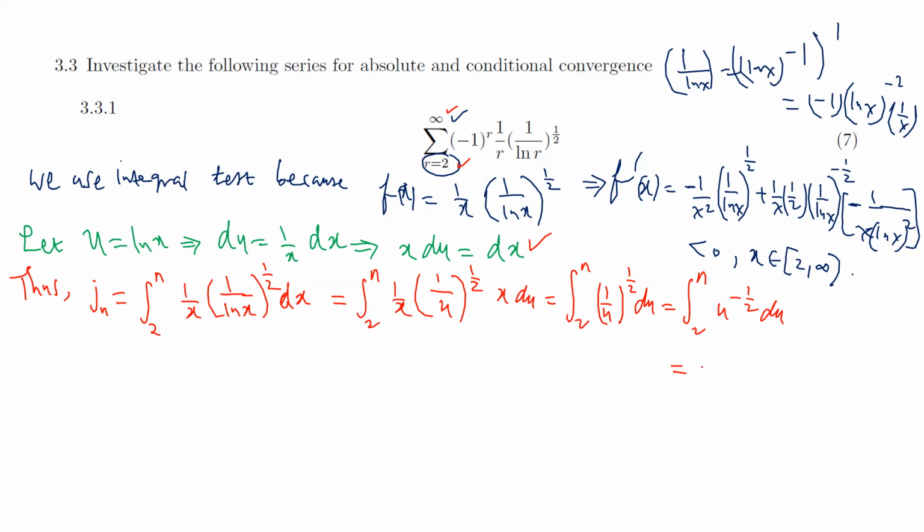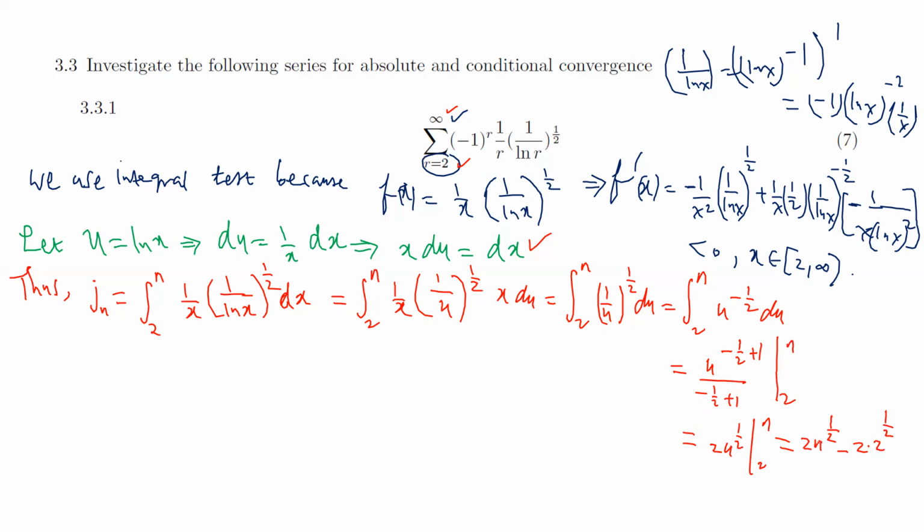What is the integral of this? The integral of u to the -1/2 is u to the -1/2 plus 1, divided by -1/2 plus 1, from 2 to n. Therefore, this is the same as 2u to the 1/2 from 2 to n, which is 2n to the 1/2 minus 2 times 2 to the 1/2.